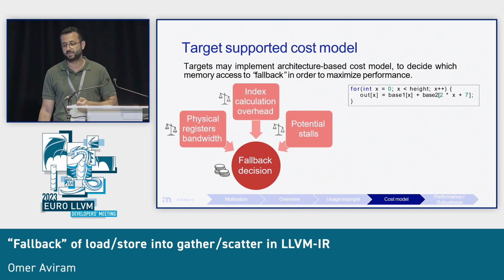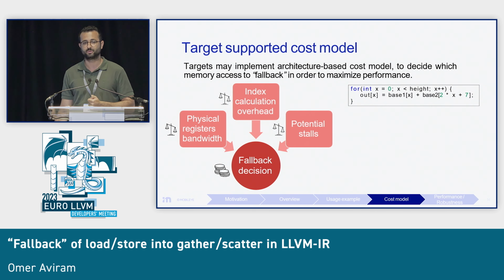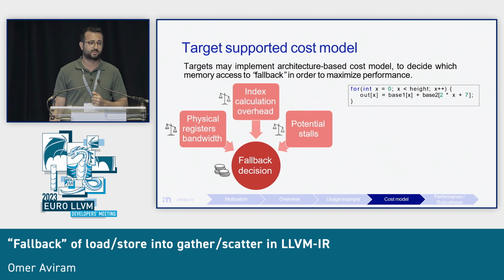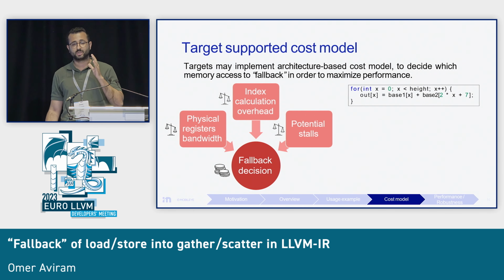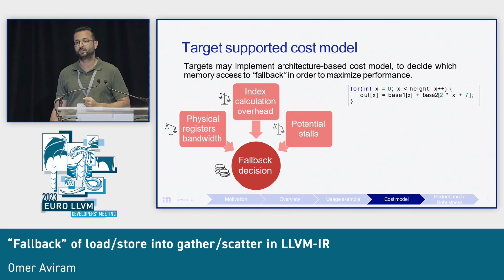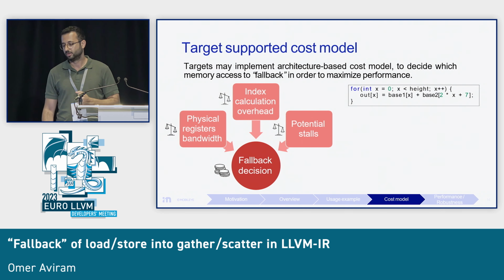Indices calculation over time, which is actually what we are going to show in the example. Potential stalls, all of these factors and other factors that targets can employ go into the cost model that outputs a fallback decision, a single or more memory accesses that will be converted from a load into a gather or scatter.